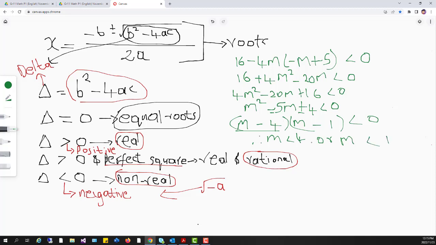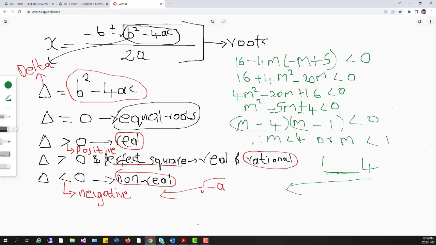All right, but now 1 comes before 4. We have to have something like that there. So we cannot have these values both being less than 4 and 1 all going to the left hand side. So it doesn't make mathematical sense. So that means it's the values between 1 and 4.